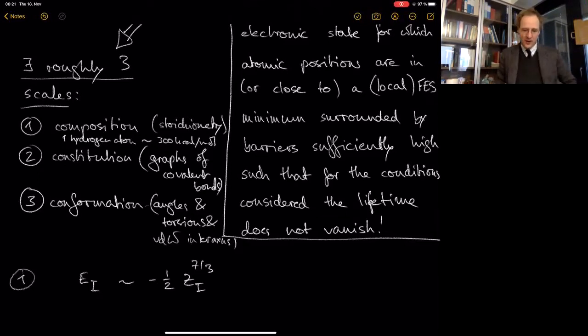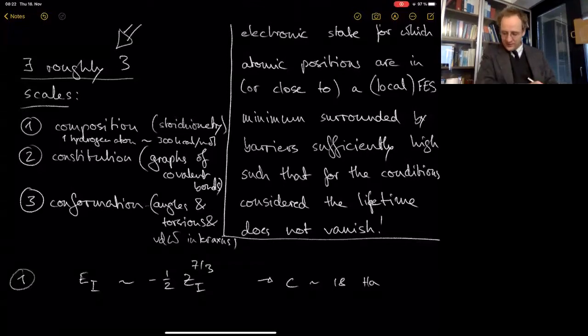This means a carbon atom would be something like more than 36. So half of that is 18 hartree, and that times 600. So you're talking 1,200, nearly 1,000 kcal per mole, just for the carbon atom. So you should develop a kind of intuition here.